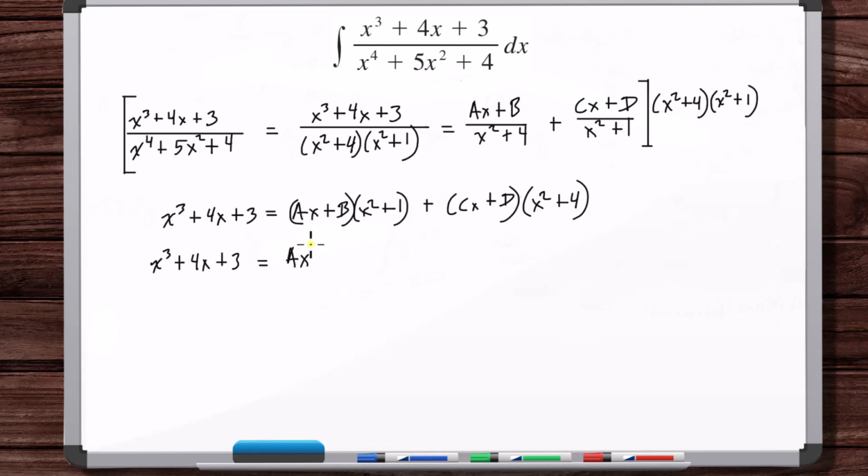So ax cubed plus ax plus bx squared plus b plus cx cubed plus 4cx plus dx squared plus 4d.